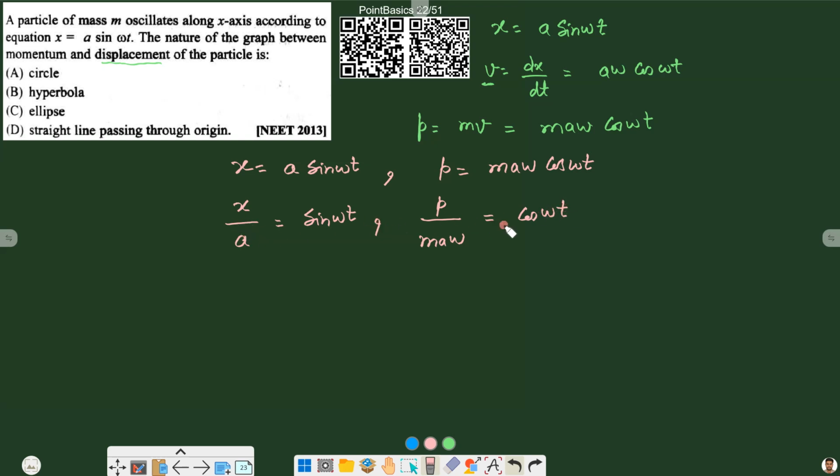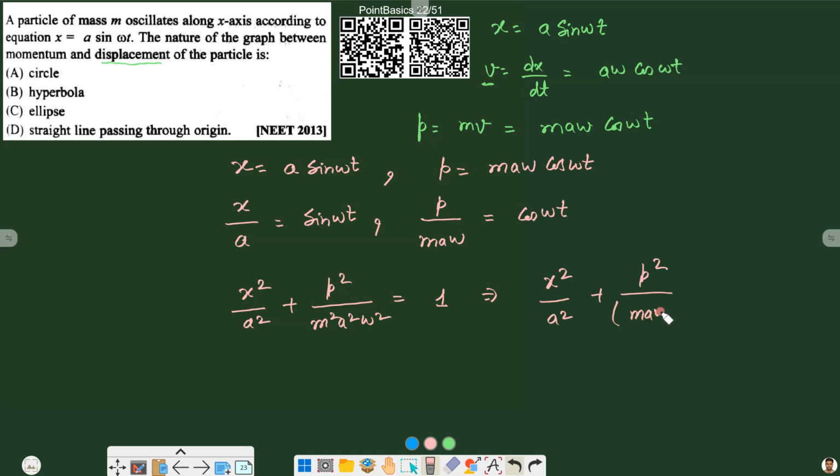Now squaring both sides and adding, x square by a square plus p square by m square a square omega square is equal to sine square omega t plus cos square omega t, that is equal to 1. Sine square theta plus cos square theta is equal to 1. So from this we get x square by a square plus p square by (m a omega) whole square is equal to 1.